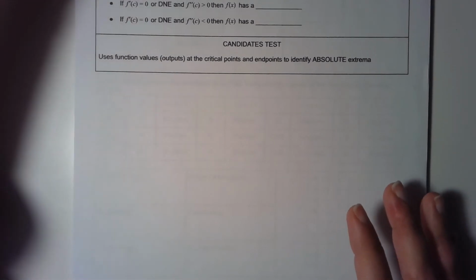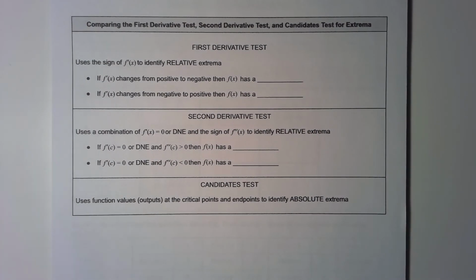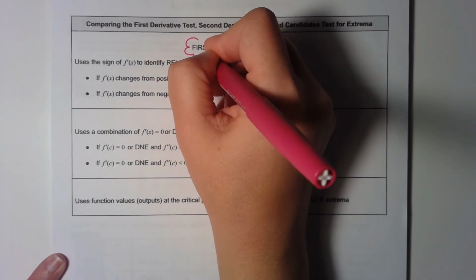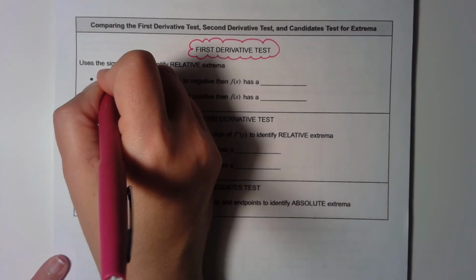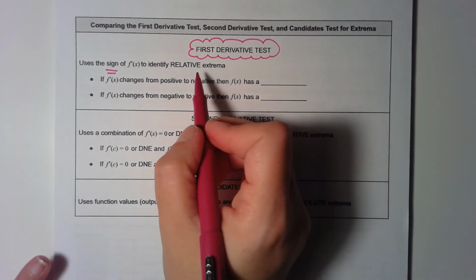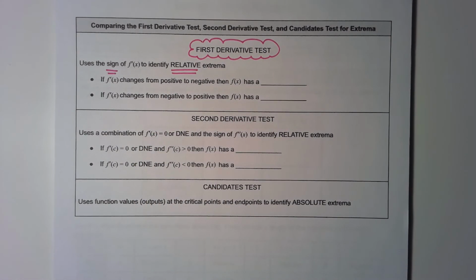And these tests might help us find relative or absolute extrema. The first test that we learned about was the first derivative test. And what this does is it uses the sign of the first derivative to identify relative extrema. It does not help us find absolute maxes and absolute mins.